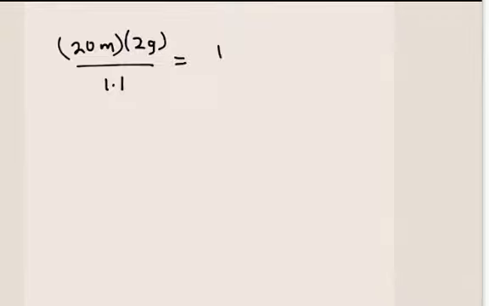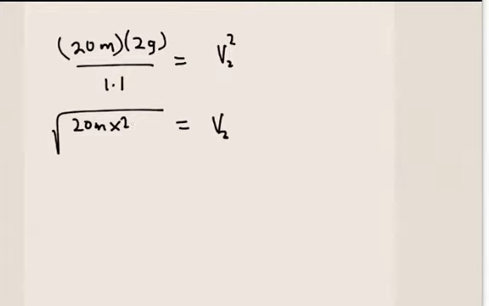We've got 20 meters times 2G divided by 1.1 is equal to V2 squared. So V2 is equal to the square root of 20 meters times 2 times 9.8 meters per second squared divided by 1.1.